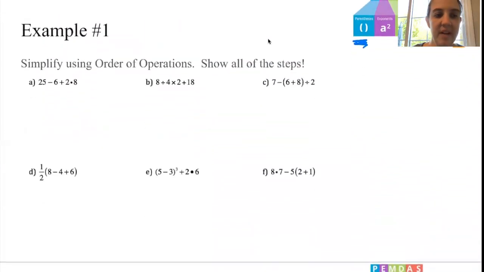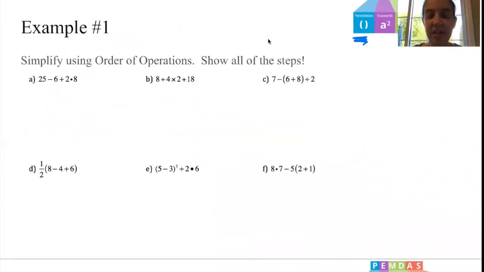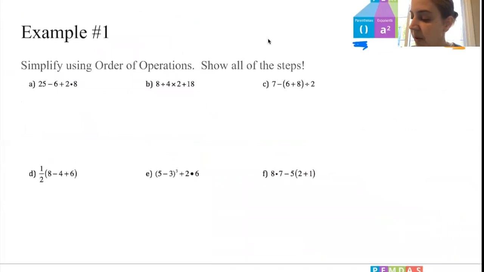Example 1, simplify using order of operations and show all of the steps. What we're going to do is look for any parentheses first, which I don't have in that first example. Look for exponents, which I don't have, but I do have multiply and divide. So here's a multiply. We're going to do that first. 2 times 8 is 16. Then bring down the other pieces, 25 minus 6 plus 16.